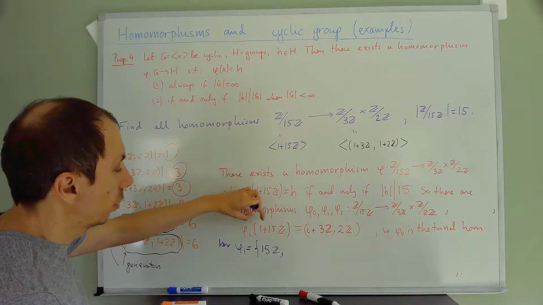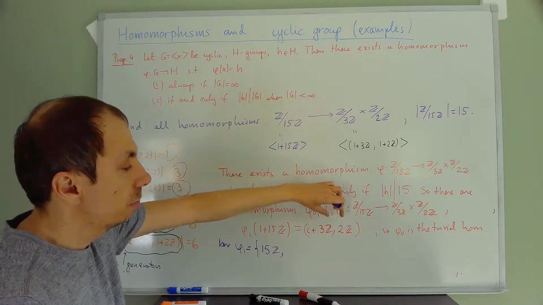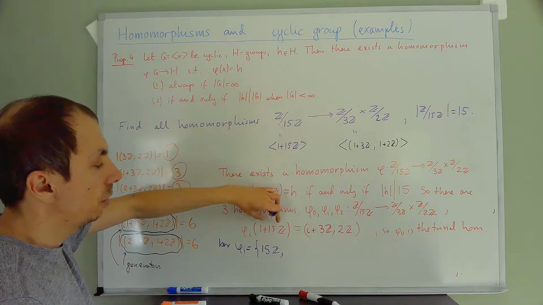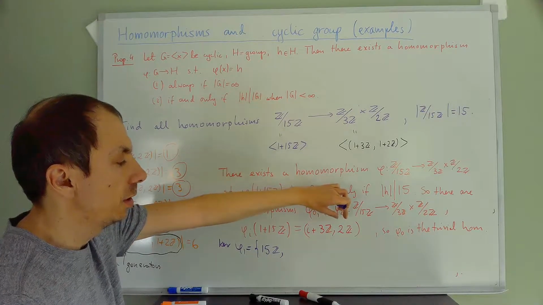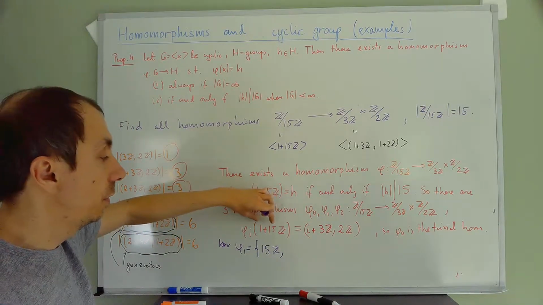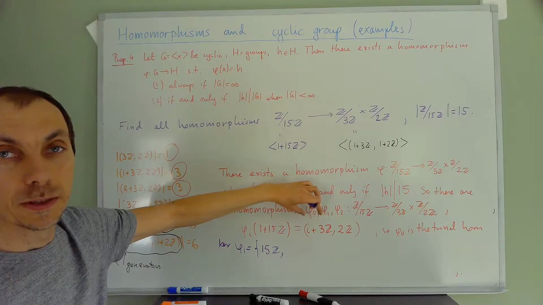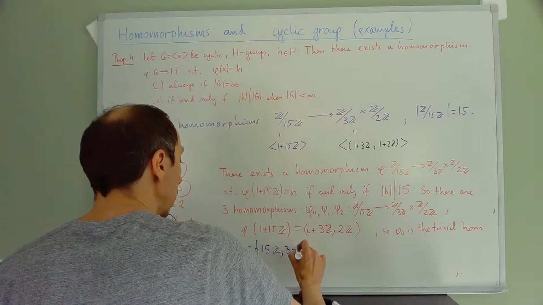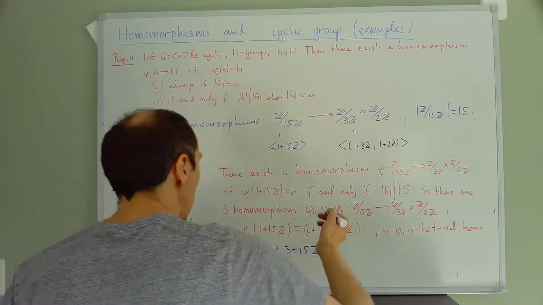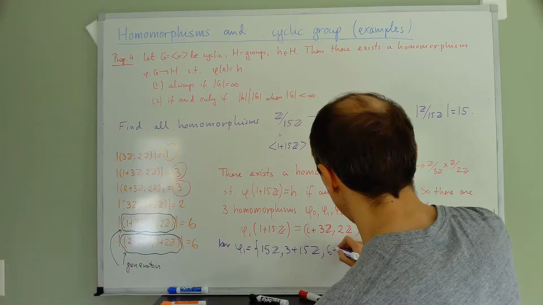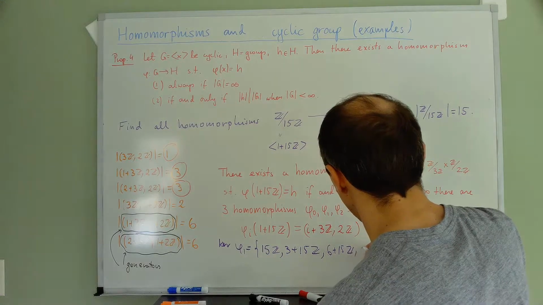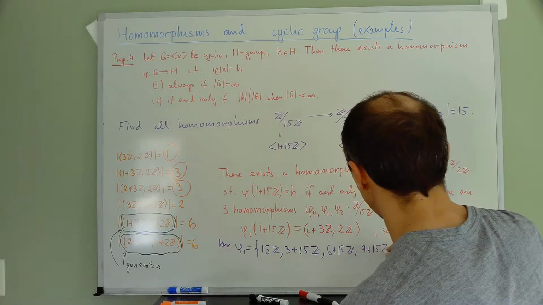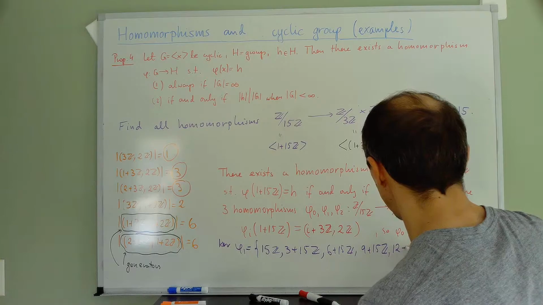But what else? 1 plus 15Z goes to (1 plus 3Z, 2Z). 2 plus 15Z is going to go to (2 plus 3Z, 2Z). So 3 plus 15Z is going to go to (3 plus 3Z, which is 0, 2Z, which is 0). So 3 plus 15Z. And similarly, 6 plus 15Z, 9 plus 15Z, and 12 plus 15Z.